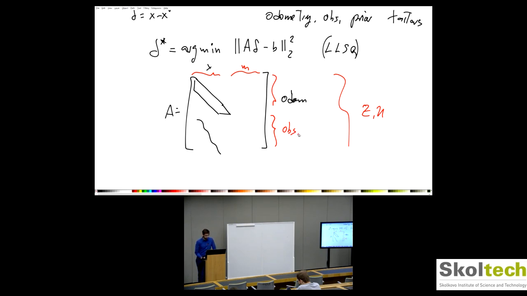Technically speaking, so the question is, what's the difference between observation and odometry? Technically speaking, the difference is that odometry changes the state of the world. So if you remember the transition function, it depends on a previous state, and then what you get is a new state. While observations in general are just a function: given your state, you observe some observation, which can be whatever.